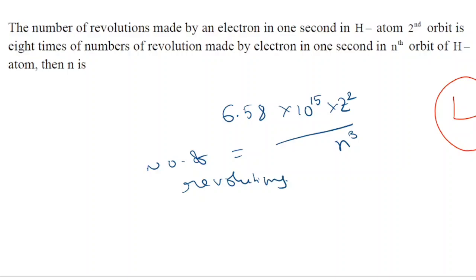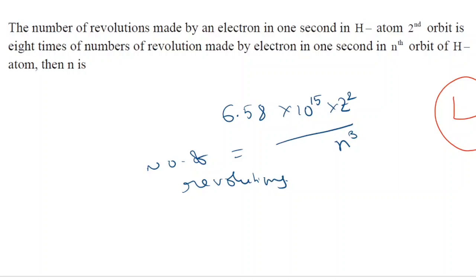So here the number of revolutions is inversely proportional to n cube, and for the second orbit it is 8 times that of the revolutions made by the electron in the nth orbit, and they are asking for the n value, right? So how to do this problem? See, as it is inversely proportional to the cube, not cube root, cube of n.